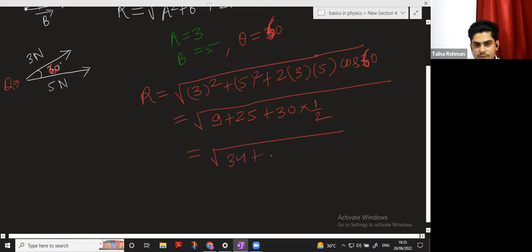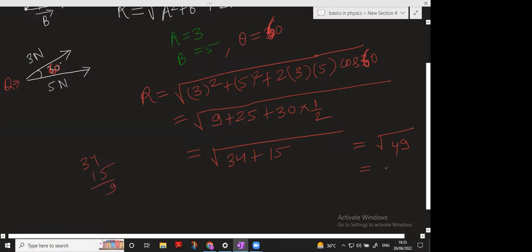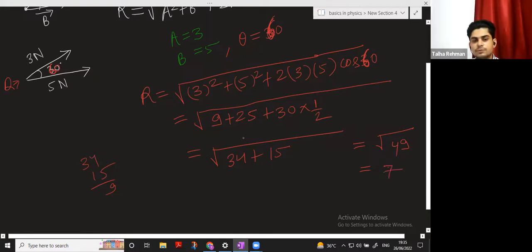And this will be 15. What is the answer? 49. Okay. And square root of 49 is 7. So resultant is 7.